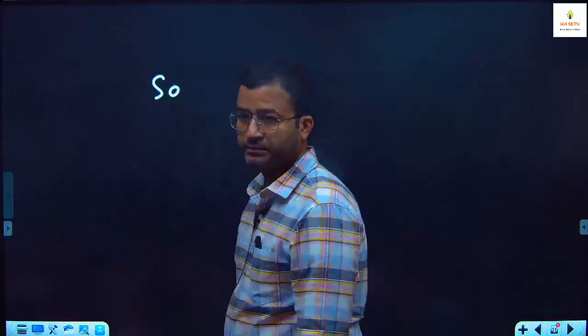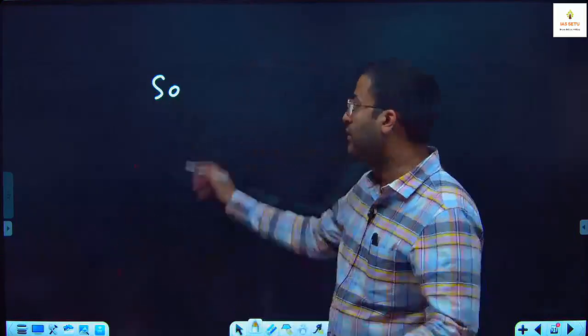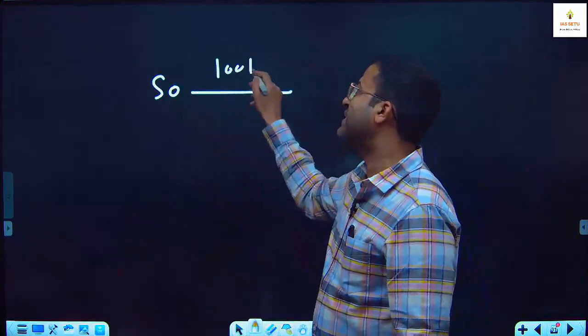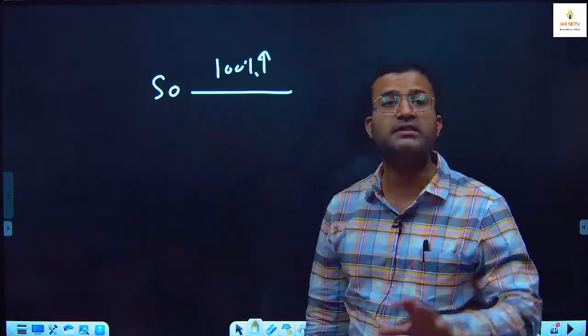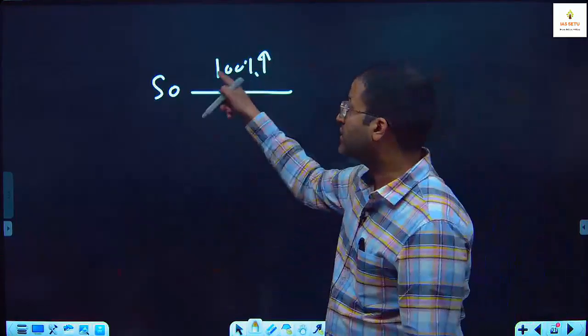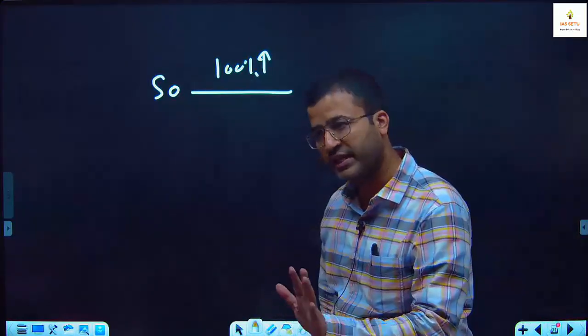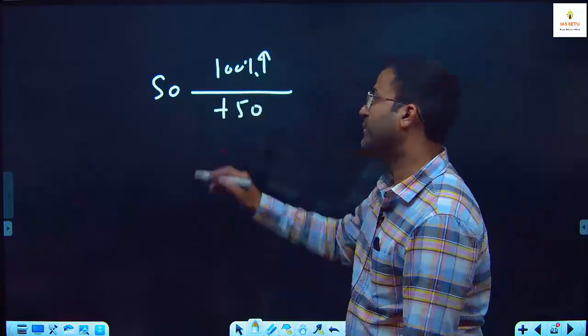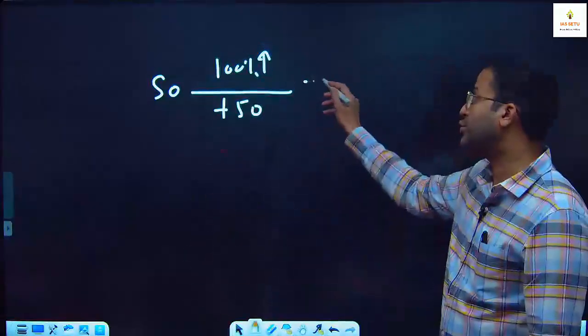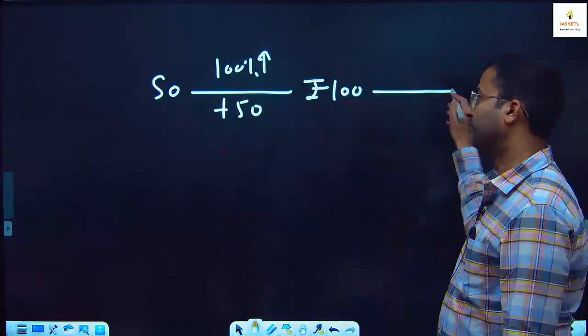Like if the petrol price was earlier 50 rupees and over a period there is a 100% increase in the petrol price. What is 100% of 50? 50, same value. 100% means exactly the same value. So it means there is a 50 rupees increase in the petrol price. So it means the new petrol price is 100.